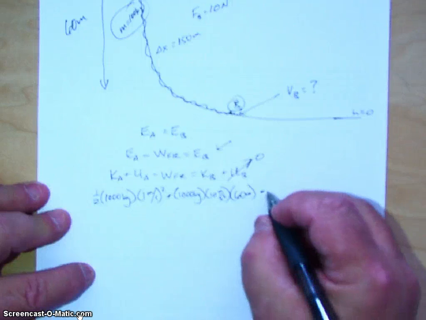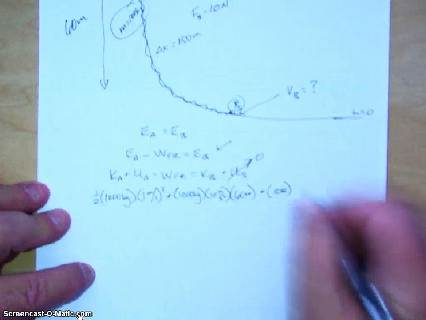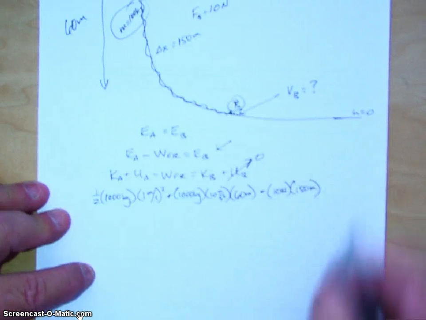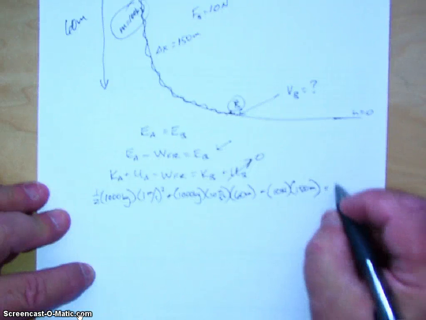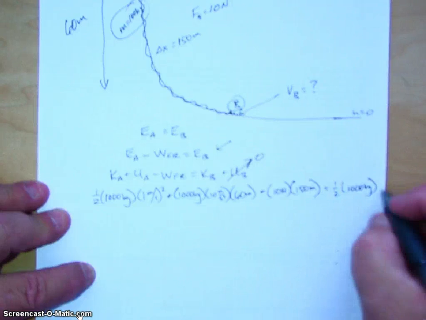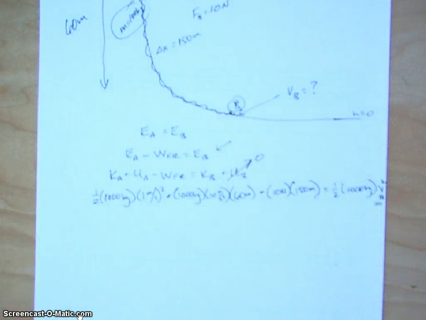The work done by friction is the force of friction, which is 10 newtons, times the distance over which it acts, 150 meters. That's going to equal 1/2 mass times VB squared. That's your only unknown. You know all those other things, so it's solvable.